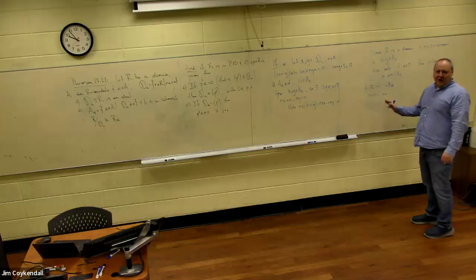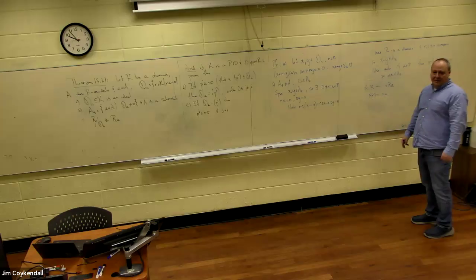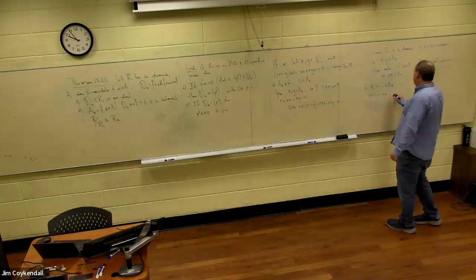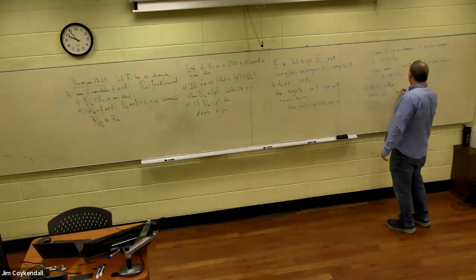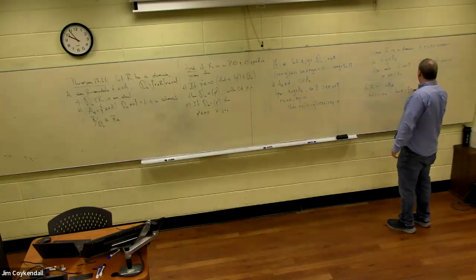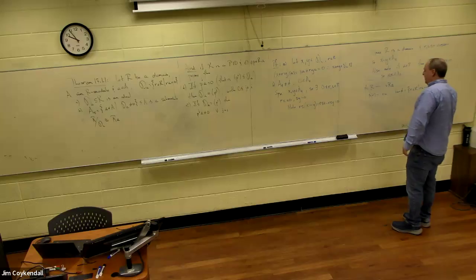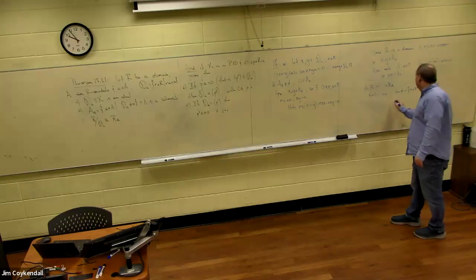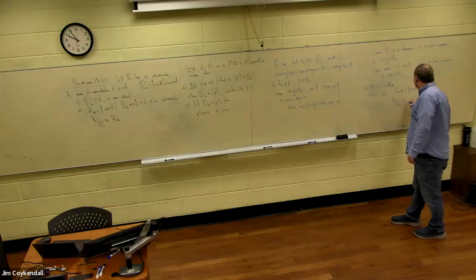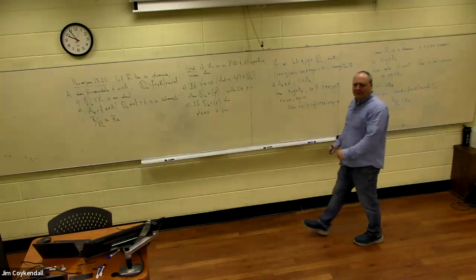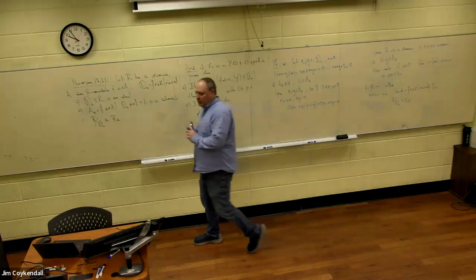Would you also agree that it's onto, because anything over here is of this form and would just come from R? The kernel of phi is the set of R in R such that RA equals 0, which is precisely that thing. So by the first isomorphism theorem, R mod this is isomorphic to RA. And there you go. Gotta love that first isomorphism theorem.